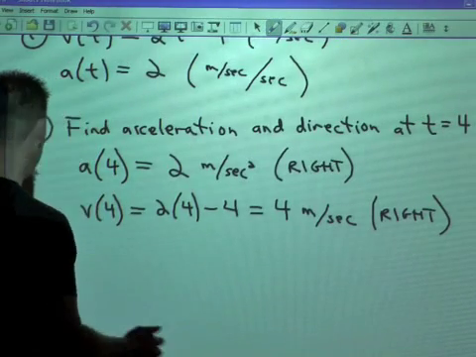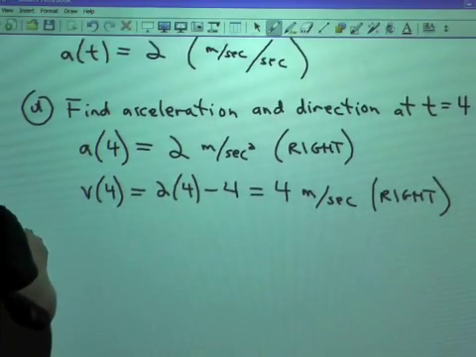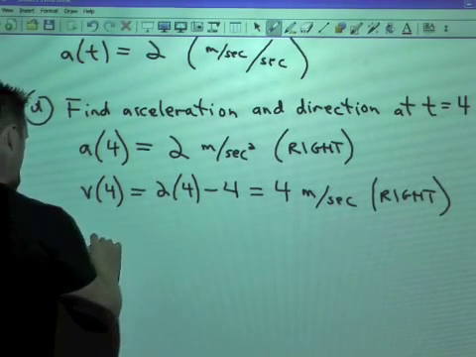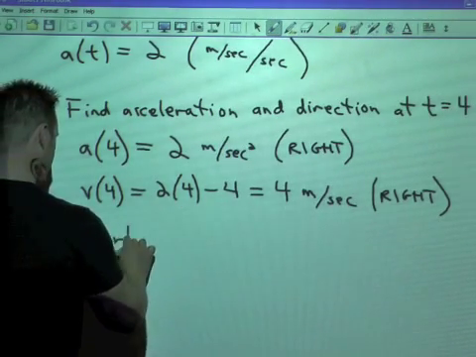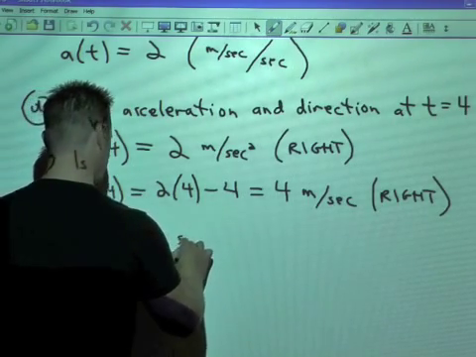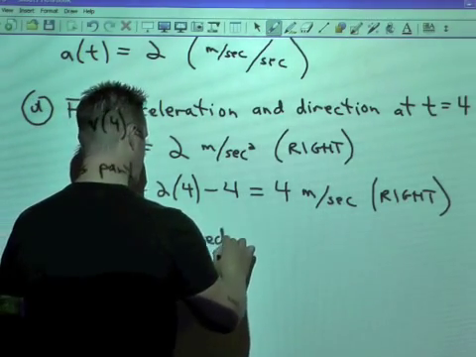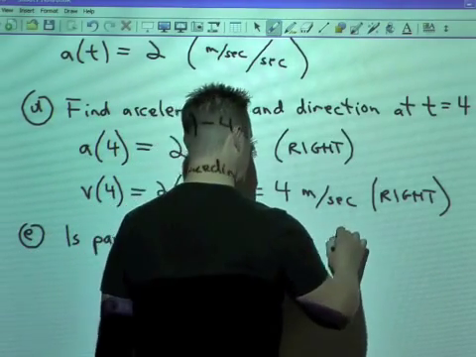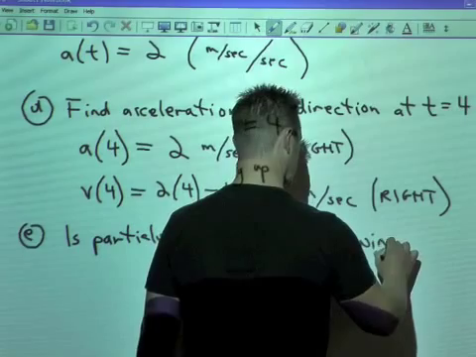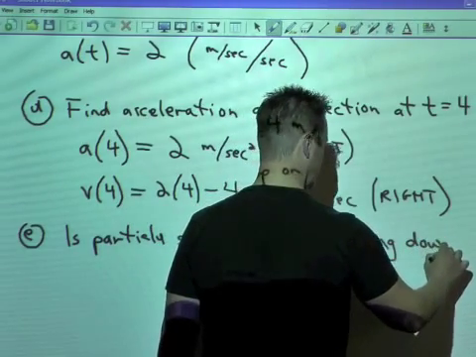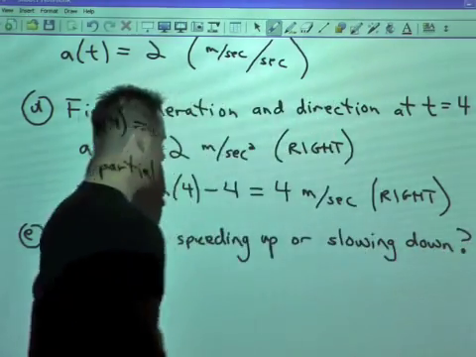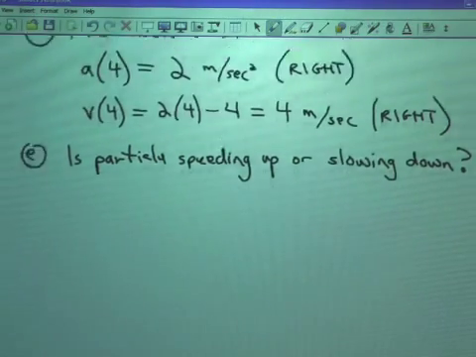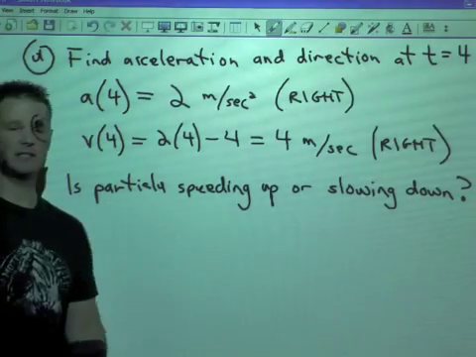So one really important thing to remember here is to answer the question, is the particle speeding up or slowing down? Well, in order to answer that, you actually have to compare the acceleration and velocities.